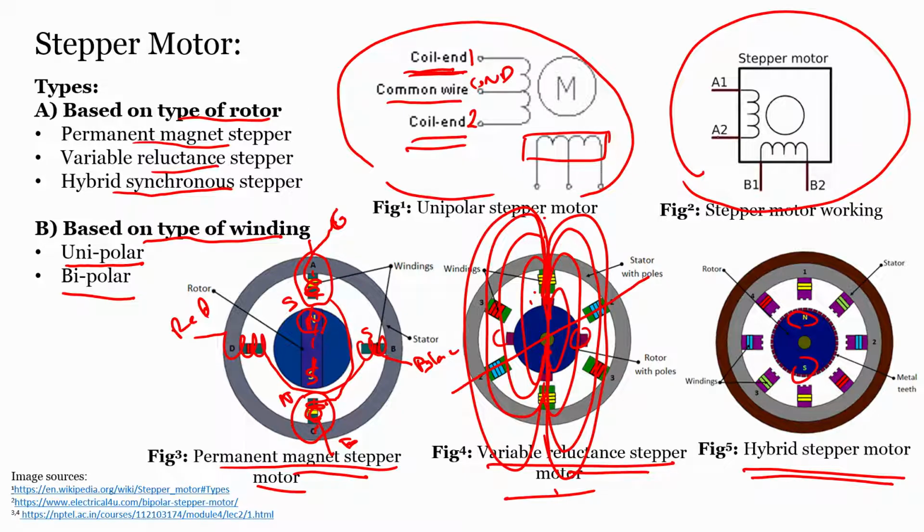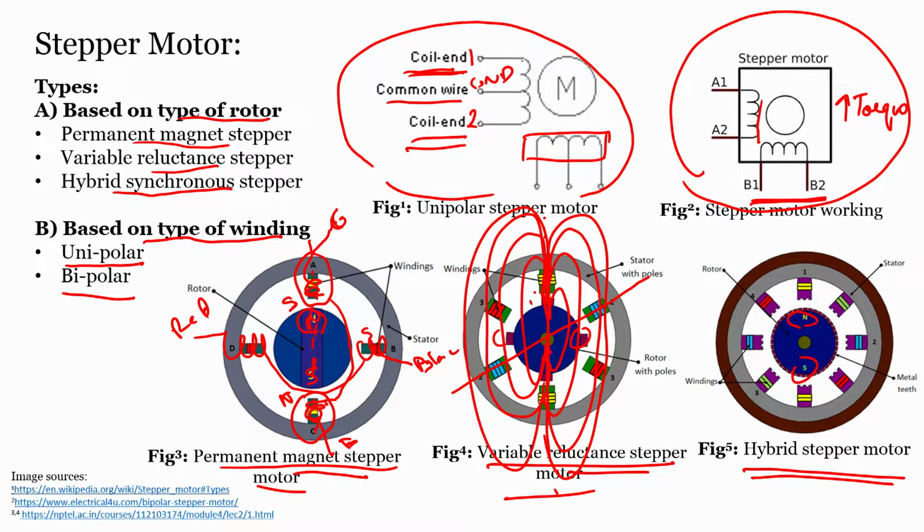So, the main advantage of the bipolar stepper motor is that it will have higher torque. It is because 2 independent coils are there, and the current flows through the entire length of the coil, and the magnetic field will be stronger.